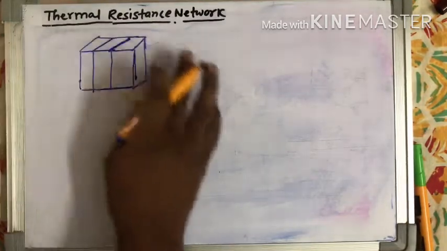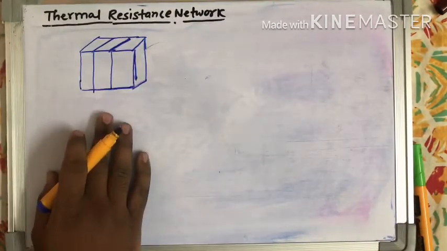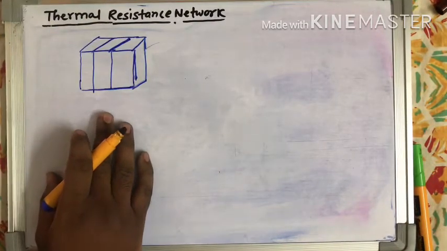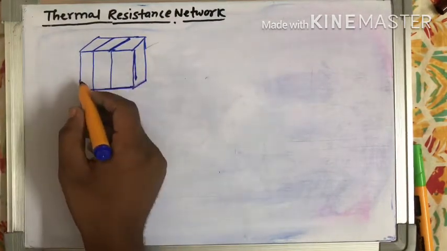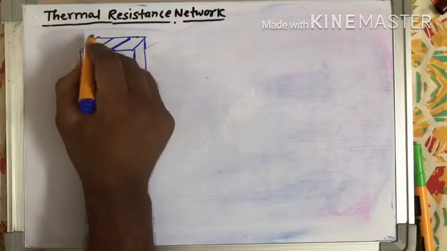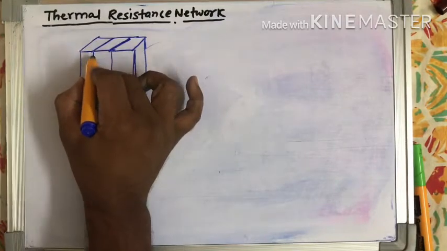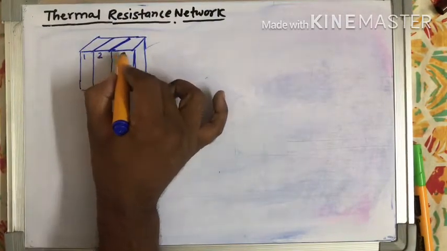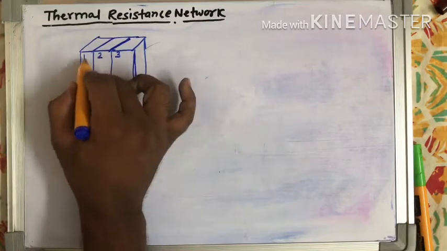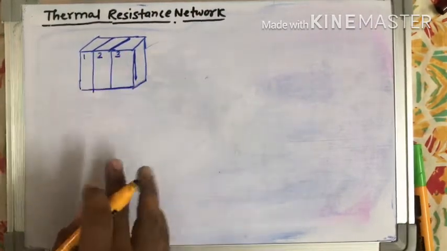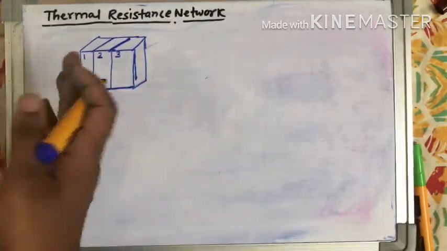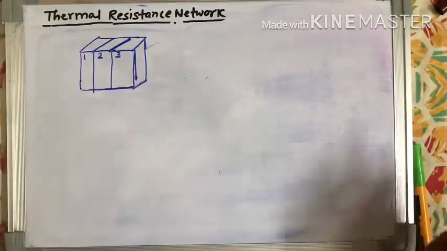In this condition, we have taken a composite wall. Composite wall means there are different kinds of materials placed one after another. Suppose this is number 1, this is number 2, and this is number 3. So this is the first wall, this is the second wall, this is the third wall. In a rectangular coordinate, normally we call it a wall, or you can call it a system as you like.